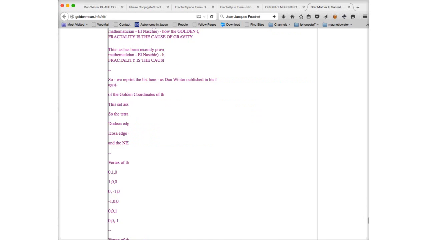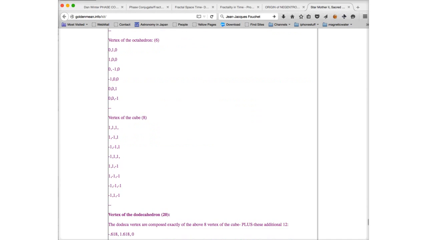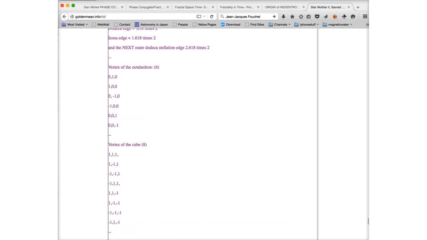When I first developed the Star Mother kit, I showed that if you take the vertex of a cube here in the center, and you assign the x, y, and z coordinate of all the vertex of a cube as 1, 1, 1, which is a pretty simple thing to do, then the vertex of the octahedron in that are here, 0, 1, 0, 1, 1, 0, and so all 1s and 0s.